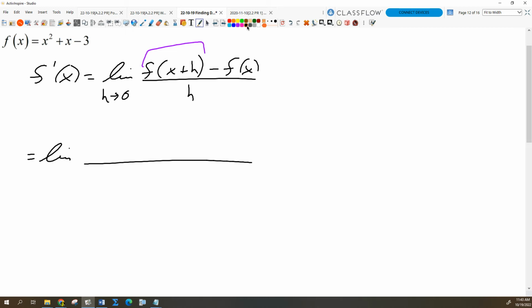What's f of a? A squared plus a minus 3. H squared plus h minus 3, right? So what's f of the quantity x plus h? The quantity x plus h squared.